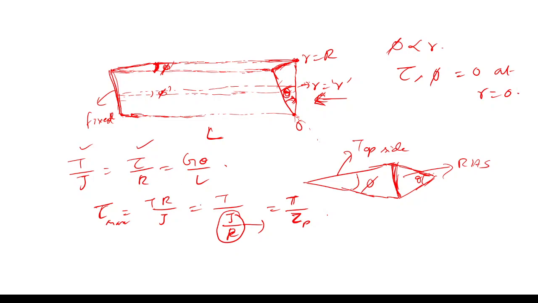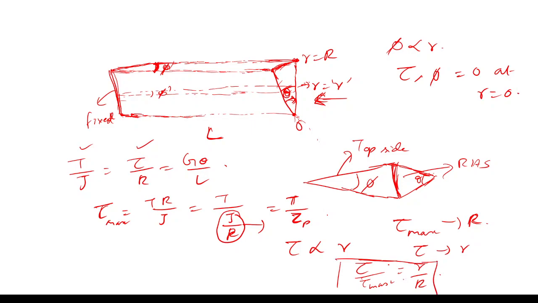Other than that, since tau is directly proportional to the radius, if I know the tau max at the outer radius R, then I can find tau at any radius r using tau by tau max equals r divided by R. This relation is extremely useful.